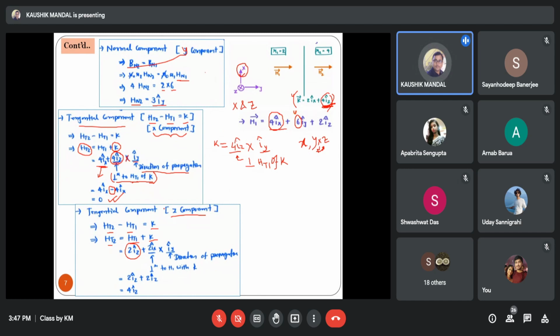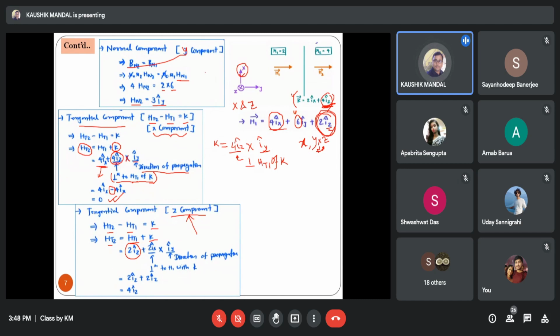When you are going to find the tangential component for z, that means the other one, x, is the tangential component. So that will be 2iz. You can write ht1 directly from the equation of h1, as you are finding the tangential component along the z axis. So you have to concentrate on the z component of h1, which is nothing but 2iz.